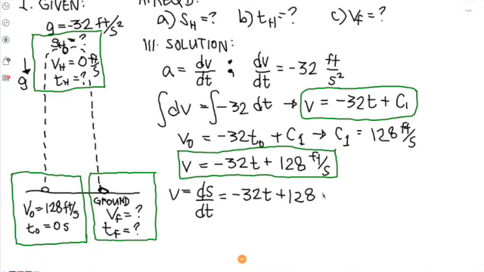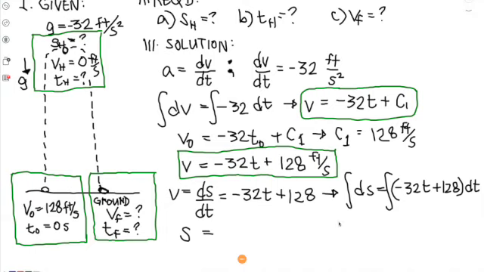So separating the differentials, we have ds is equal to negative 32 t plus 128 dt. So to find the equation for the position, we should take the antiderivatives of this. So the antiderivative of ds would just be equal to s.